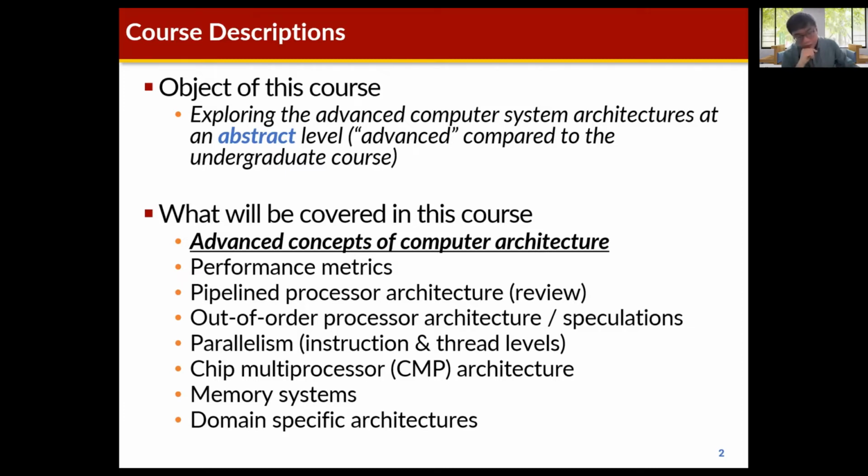But in order to support the general purpose execution or general purpose applications, the computer processor, that means the hardware of the computer system, needs to support any aspect of applications. That means the processor needs to support any corner cases required by applications.